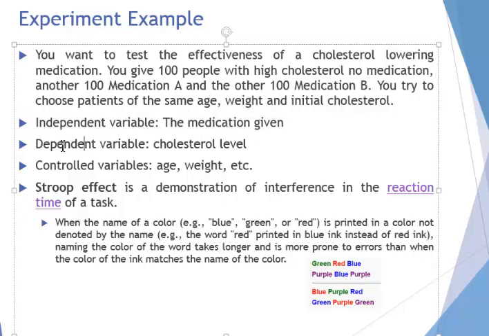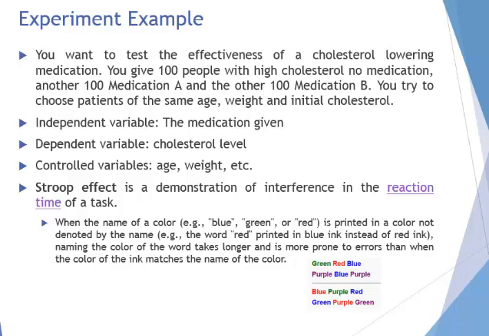The dependent variable is later on, after a few months or whatever it is, you measure the effect of each independent variable. If all three groups did the same, the control group and A and B had approximately the same results, you might conclude that neither medication does anything, because they did essentially the same thing as nothing did.